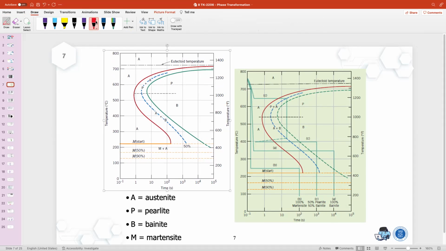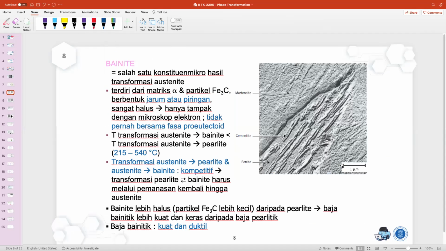If you look at this example, you cool down very fast and then hold at, for example, 350 degrees Celsius for 10 to the 4 seconds, or 10,000 seconds. What you end up with is another microstructure which is called bainite. So we can look at it here.